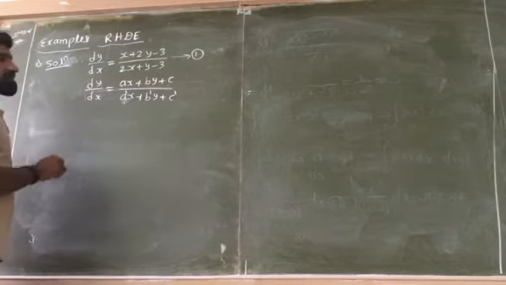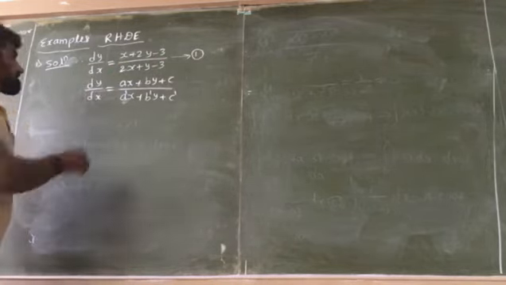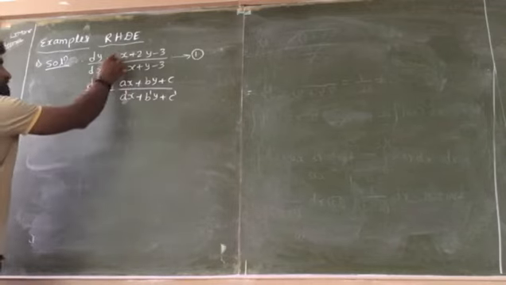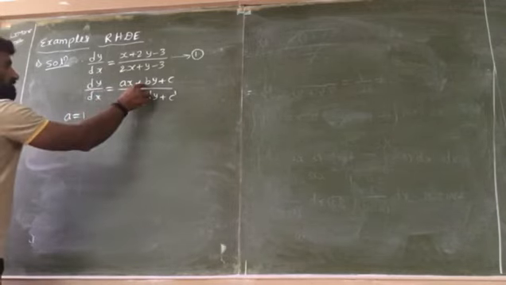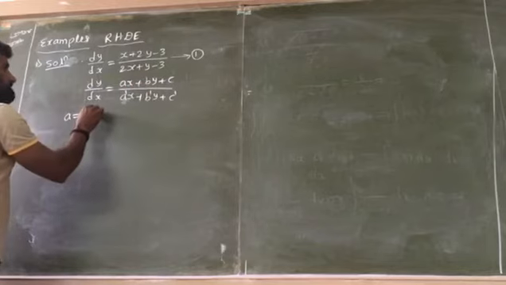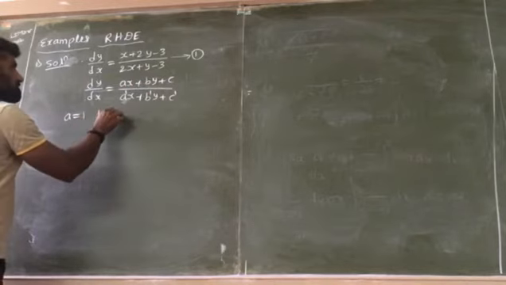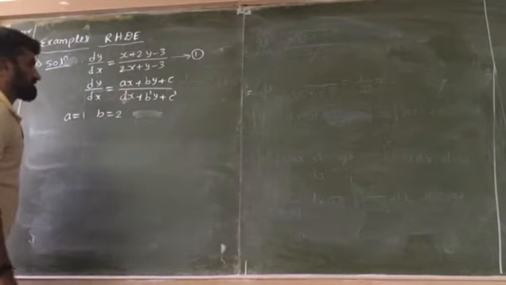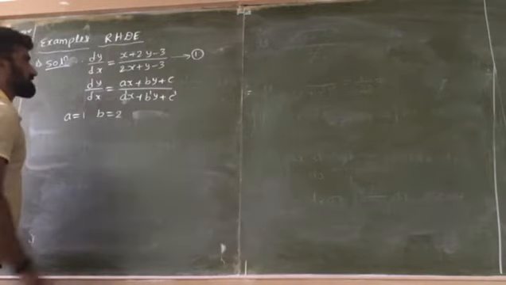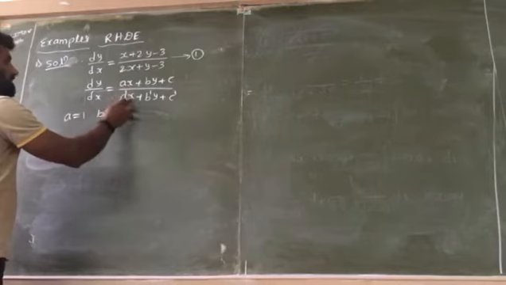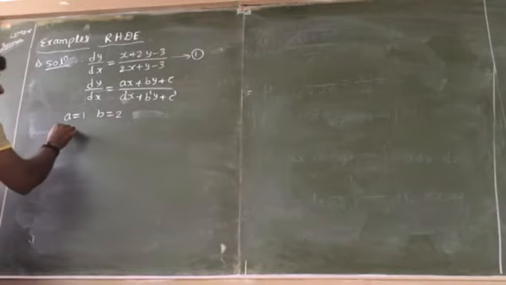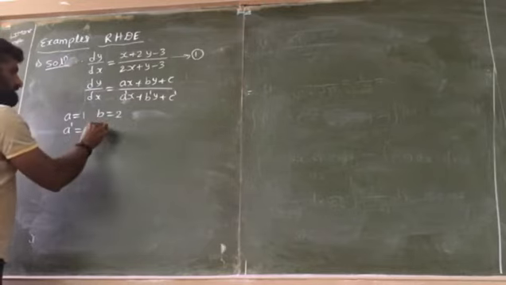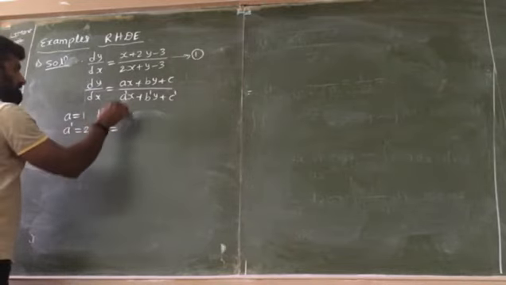So write down the coefficients of x and y. In the numerator, the x coefficient is a, which is 1, the y coefficient is b, which is 2, and c is equal to minus 3. In the denominator, a' is 2 and b' is 1.